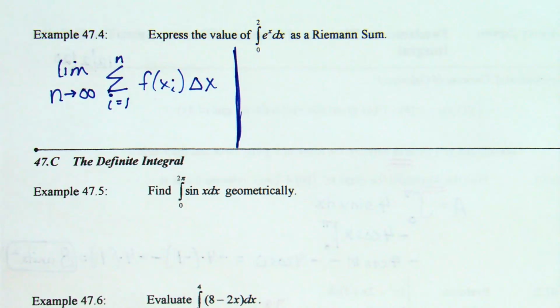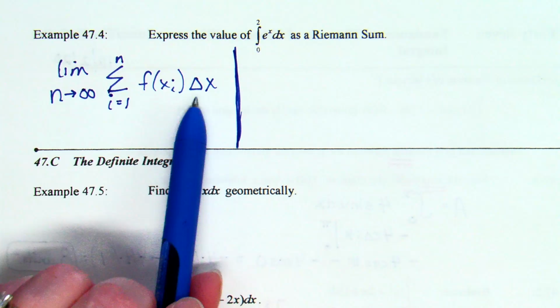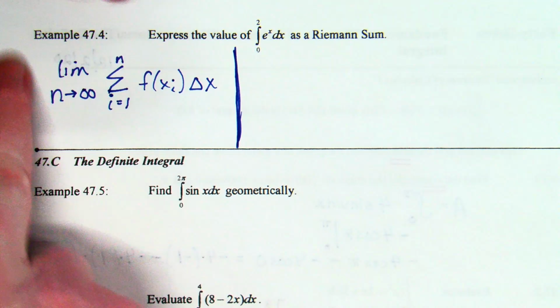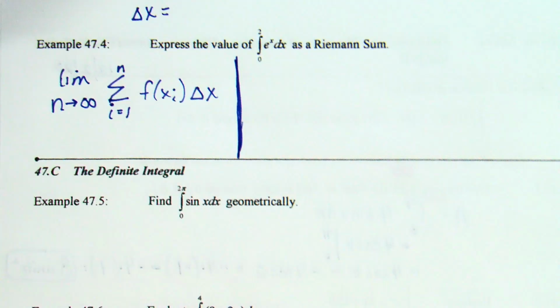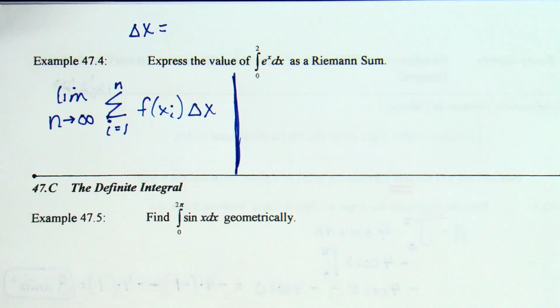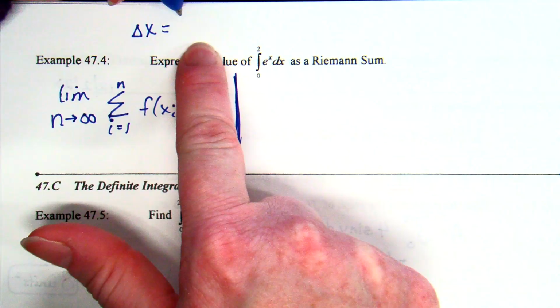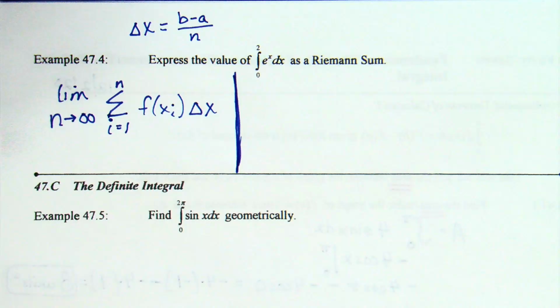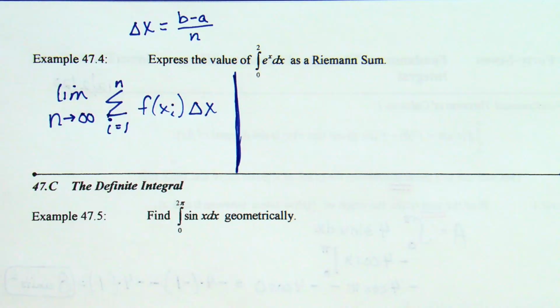Now, a couple of things. In order to fill this in, we're going to have to know delta x. Do you remember how to find delta x? How have we found delta x in the past? Officially, we always said it was b minus a divided by n. In order to find the width, a lot of times it's just going 0 to something, but you subtract your endpoints and divide by n.